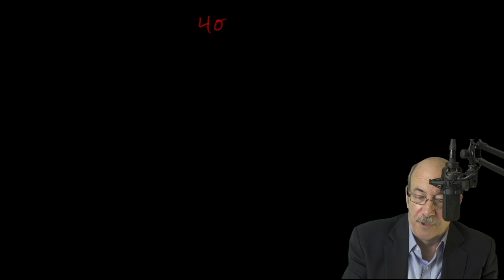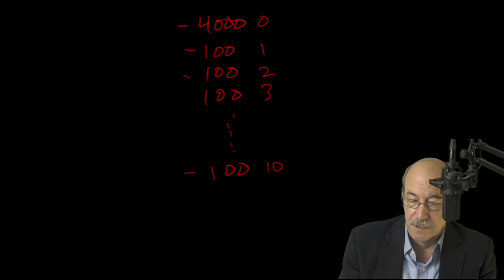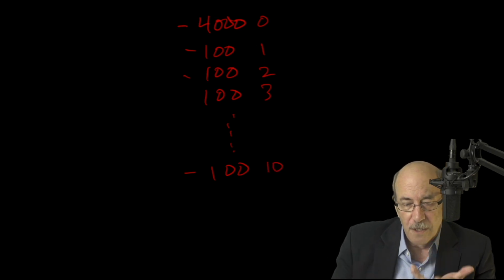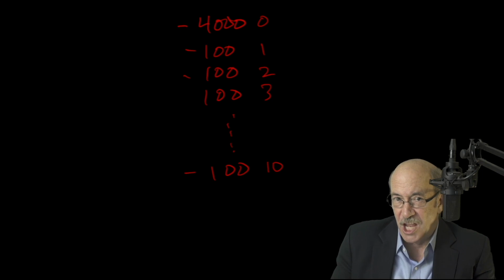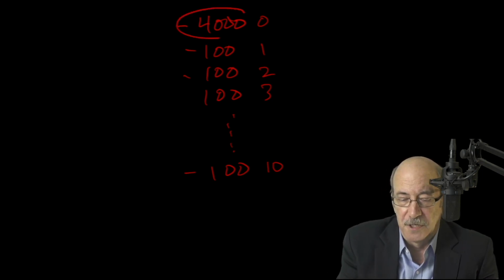We've got 4,000 initial outlay, and then 100, 100, 100, 100. So we've got times 0, 1, 2, 3, 4, 5, 6, 7, 8, 9, and finally 10. The last 10 are even cash flows, but that first one is a pretty big one.